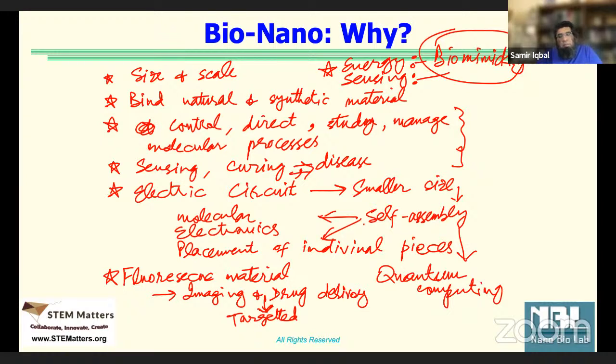Not just that, when we go down in size, the surface to volume ratio goes up. So we have more surface for the same volume, which means the available sensing area increases.